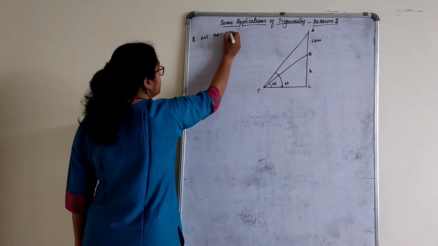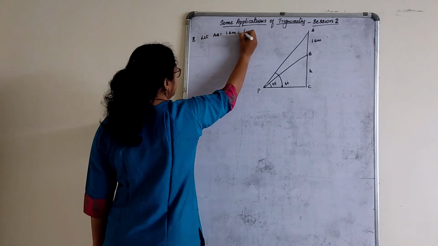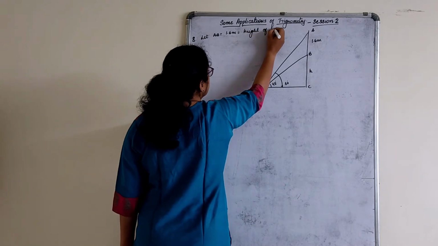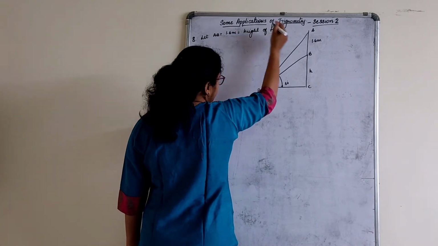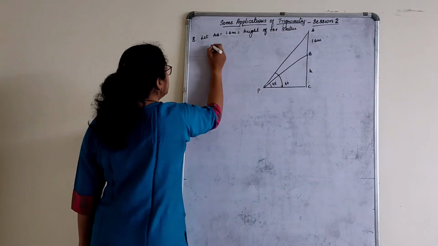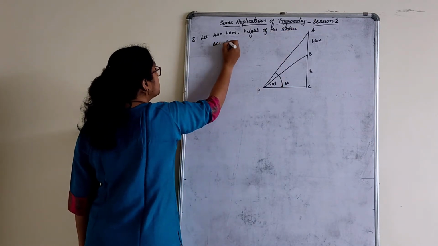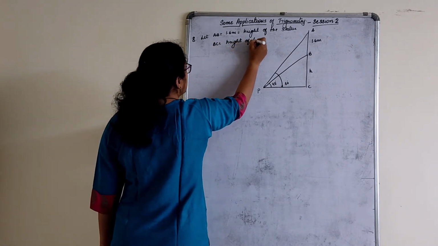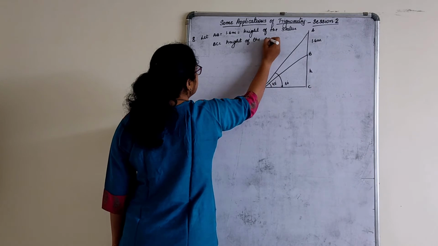AB is equal to 1.6 meter, the height of the statue. Then BC is equal to the height of the pedestal.